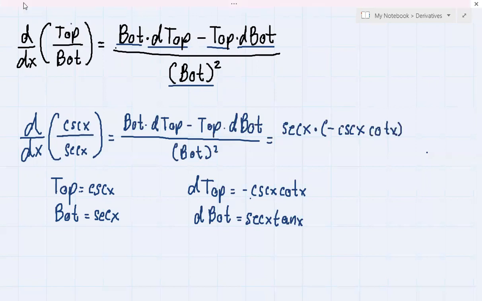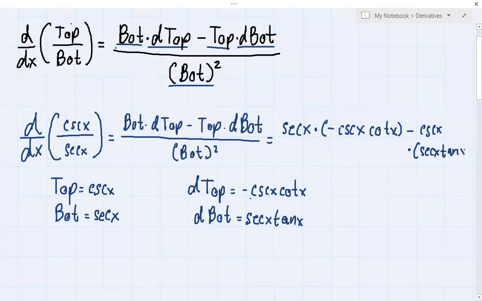Okay? Minus top, which is si cosecant x. Sana tama ko rito. Yeah, tama. Cosecant x times, ilagay lang siya sa baba kasi wala akong space. Alright? So, cosecant x times d bot, which is si secant x times tangent x.